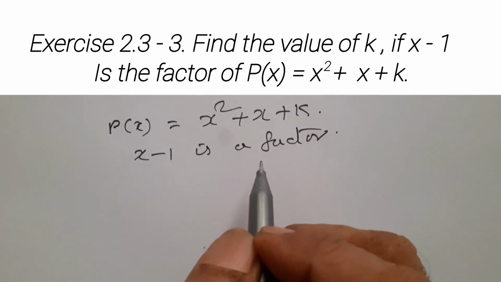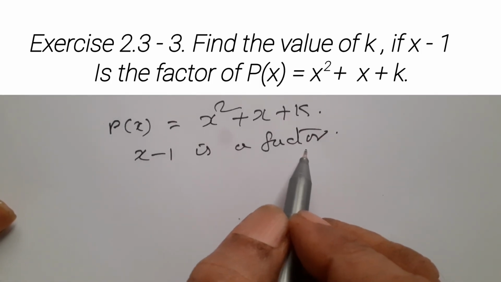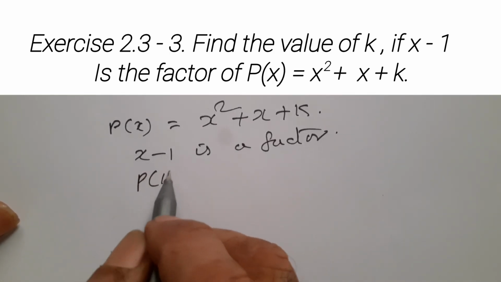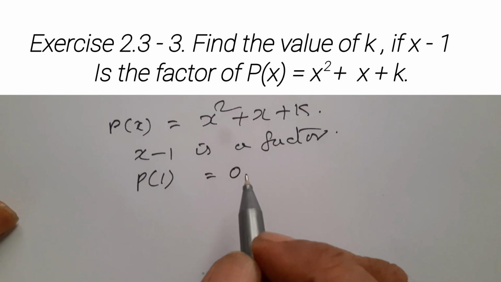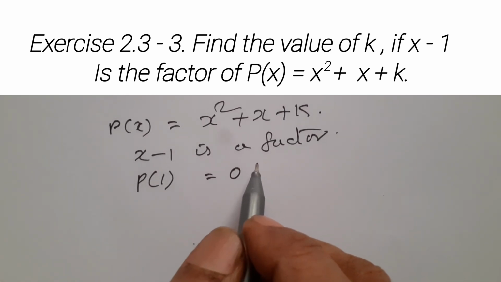So as per the factor theorem, if x minus 1 is a factor, then we can say p(1) equal to 0. So you find what is p(1) now. p(1) means x is replaced by 1.